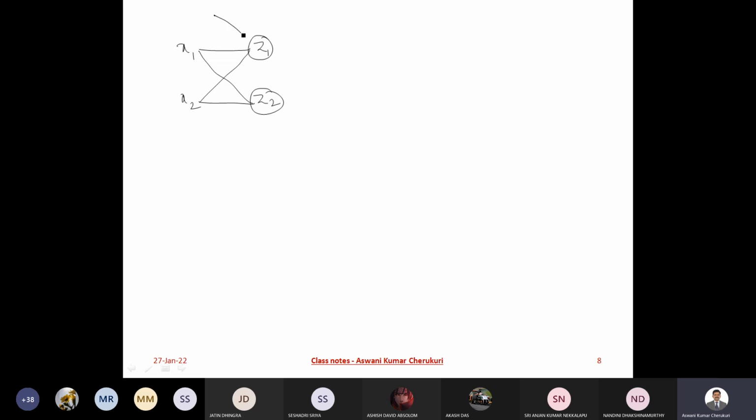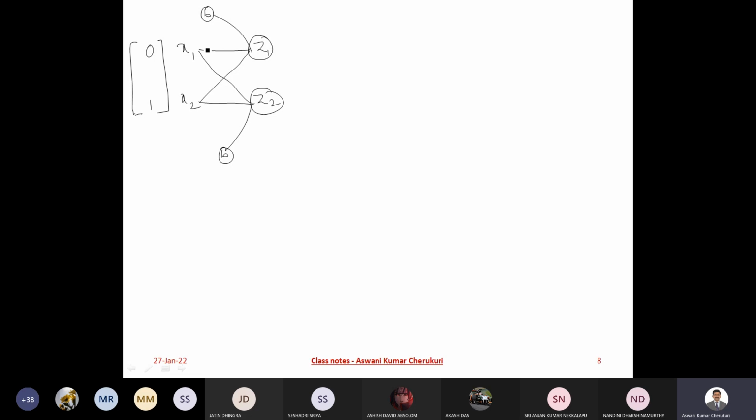We have two biases, to both Z1 and Z2, and please note down the values. The input at X1 is 0, the input at X2 is 1. This is your feature vector: 0, 1.